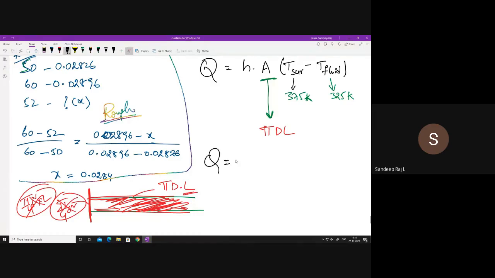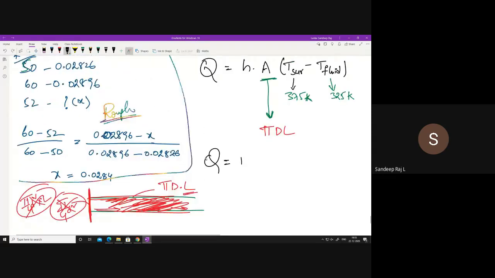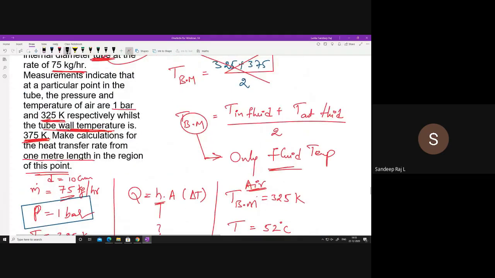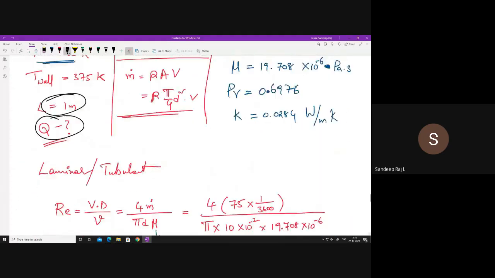So Q is equal to the h value we just found, 11.37, into the area. The area value is pi into d, which is 10 into 10 to the power of minus 2. The L value is given in the question as 1 meter.